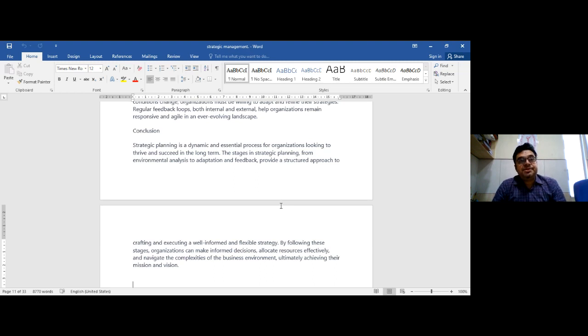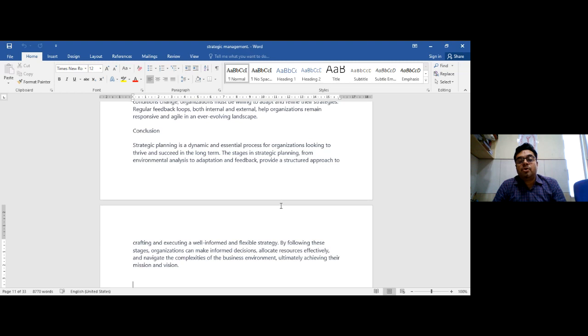By following these stages, organizations ultimately can make informed decisions. They can allocate their resources effectively and also navigate the complexities of the business environment.